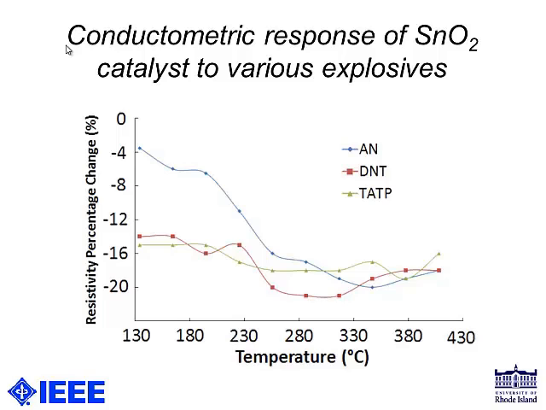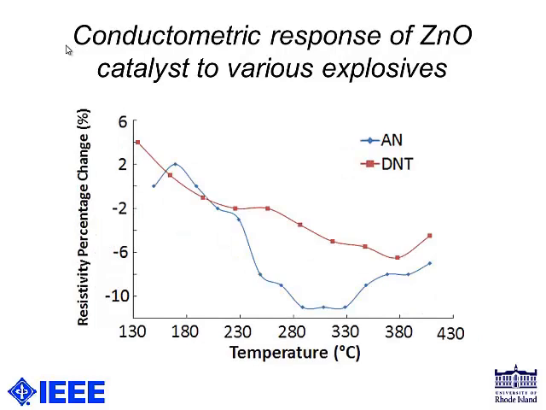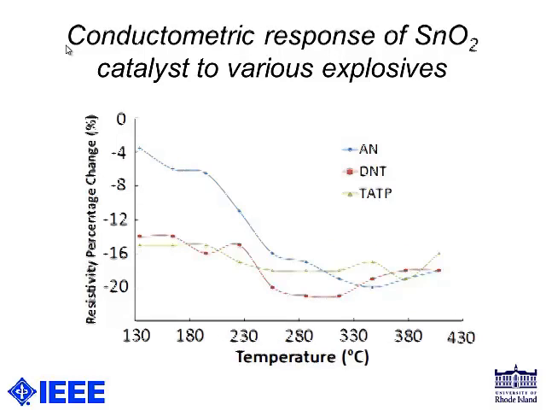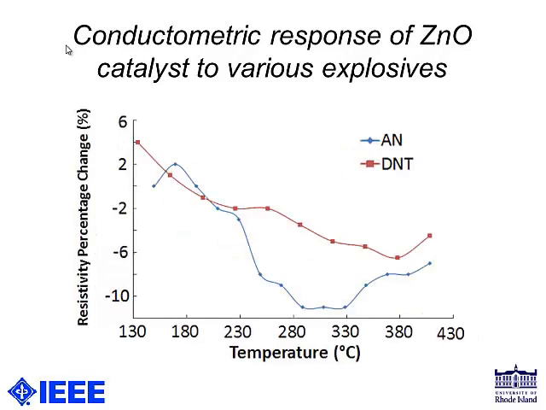The peak range is much wider, between 250 and 350. While TATP hardly changes as temperature increases. And similar experiments were done with zinc oxide, and a similar conclusion can be made that, with each species having very different behavior, we can use this to our advantage to identify these explosives.